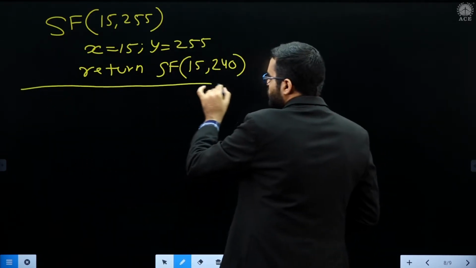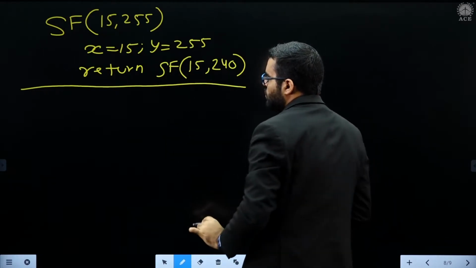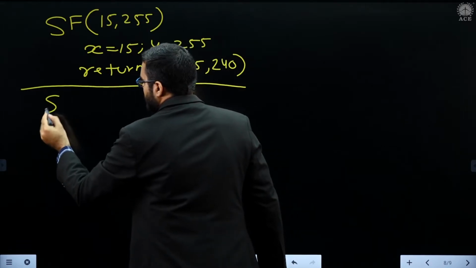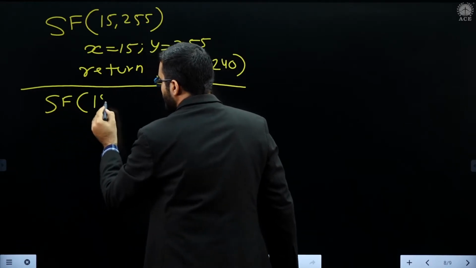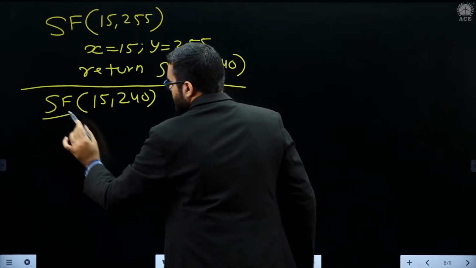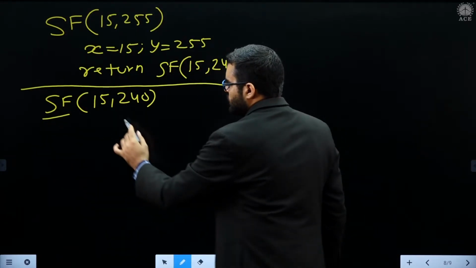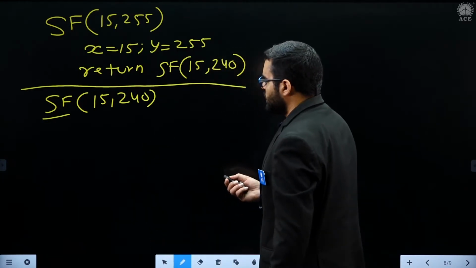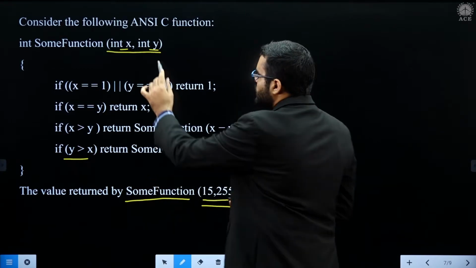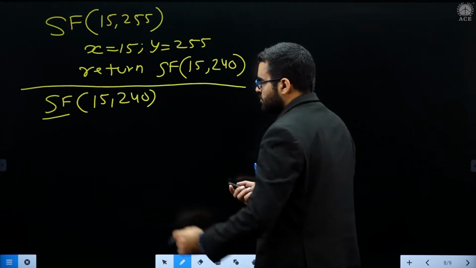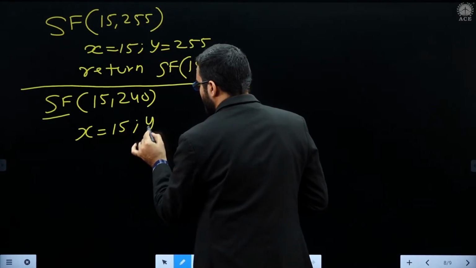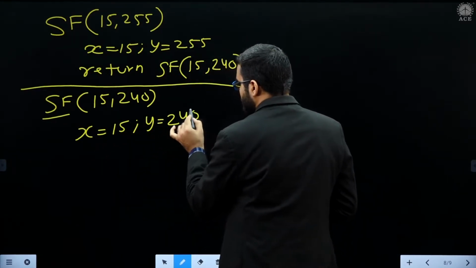I am going to solve for the value returned by SF(15, 240). When I call this function SF with these two arguments, variable x will store 15 and variable y will store 240.